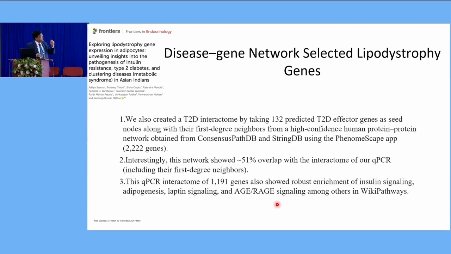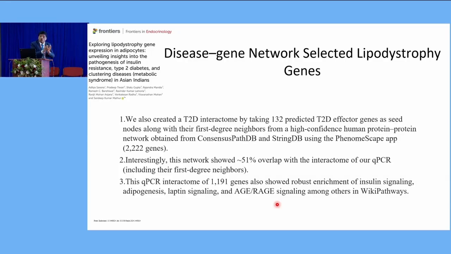Out of 238 non-lipodystrophy genes, we used some bioinformatic tools, Aditya has done it, and he said there is a most probable likelihood. On the basis of expression, there are 51 genes, their network of expression and gene loci known to cause type 2 diabetes mellitus and their effector gene network, we looked at, there was a 51% overlap. That means the whole complex issue of 23,000 genes narrowed down to 50 genes when you come to type 2 diabetes mellitus.